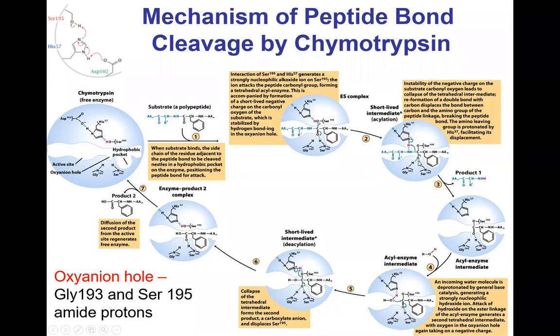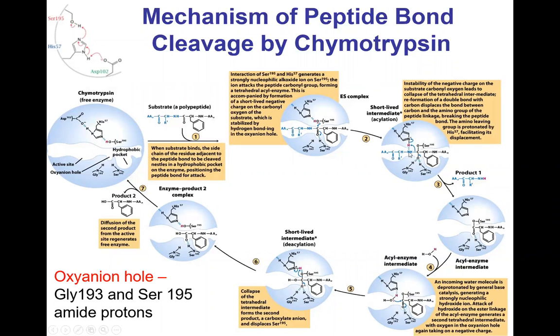And that short-lived tetrahedral intermediate is stabilized by the oxyanion hole. So it does form. But then the enzyme undergoes structural changes, conformational changes, and then O minus pushes back, and the other part of the peptide leaves. That becomes the leaving group.